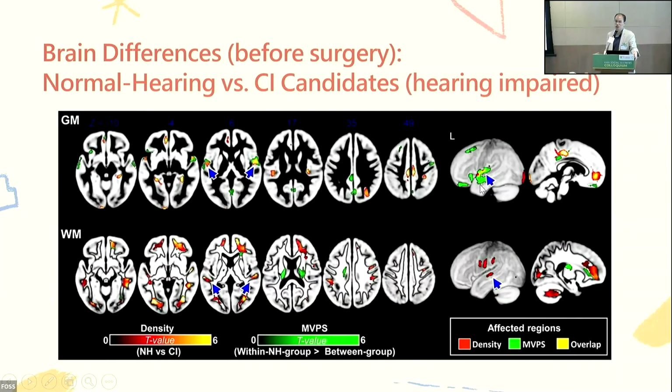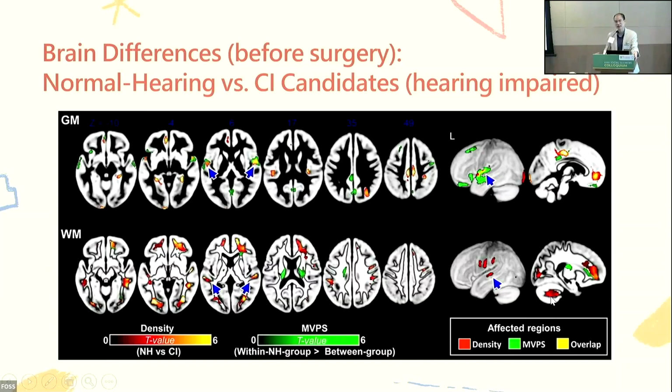So the deaf children differ from the hearing children in these brain networks. Of course, a lot in the auditory cortex, but also attentional areas, cognitive areas as well. With these data, we can start developing hypotheses about what kind of brain network may be more predictive of future language development.